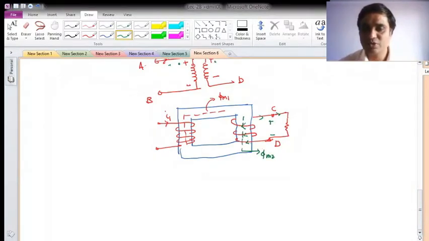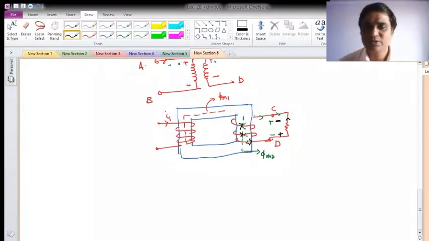So the flux will strengthen again, so it will not satisfy Lenz's law. As opposed to it, if I change the polarity, instead of C positive, let me make C negative and D positive, so let the current flow like this, this way.